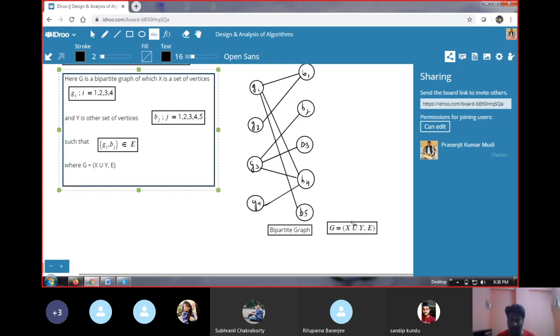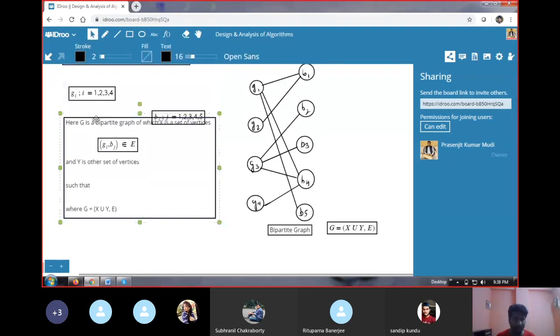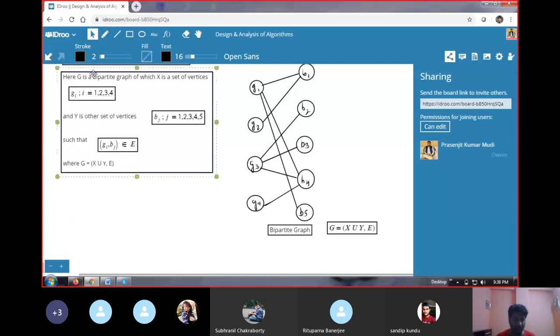Okay, this is the definition of a bipartite graph.